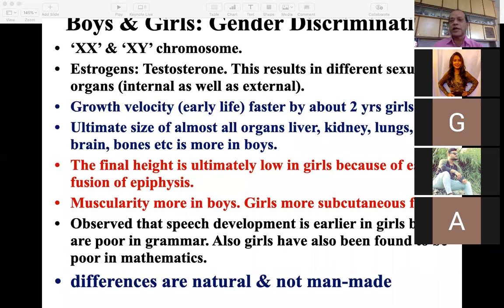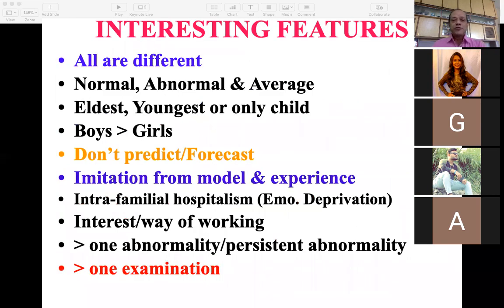We will discuss again how to improve the growth and development. So this is what you can do to increase the growth and development of the child, whether he is a boy or girl. If you give more opportunities, girls will also become more intelligent and perform better as compared to the boys. So here is the importance of avoiding gender discrimination.